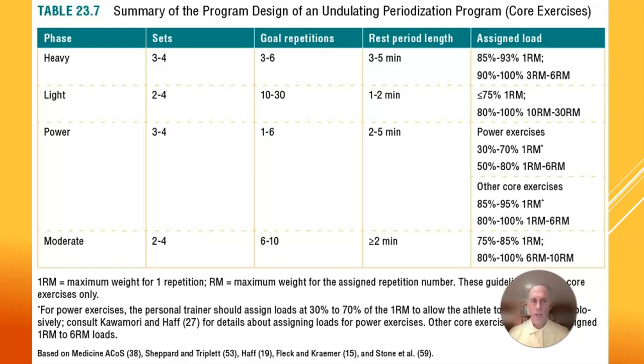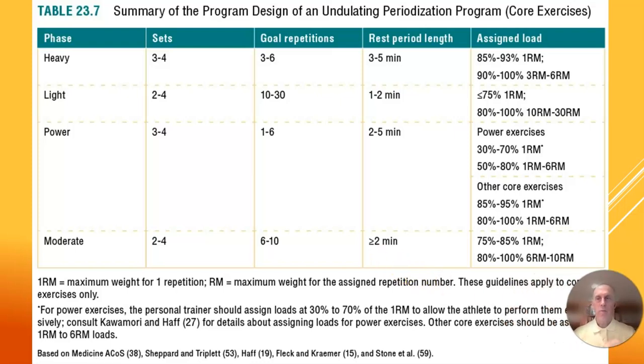Now, when I talk undulating, you have heavy, light, power, and then moderate. And when you look at this, what they're talking about here is a different phasing of heavy to light to power, and they have the sets mapped out and the reps mapped out. And notice it's less about hypertrophy, strength, and power and peaking.